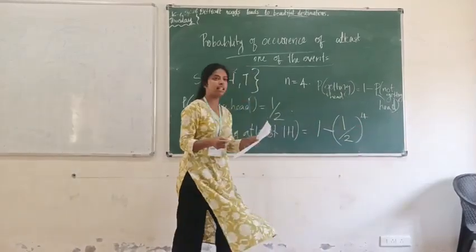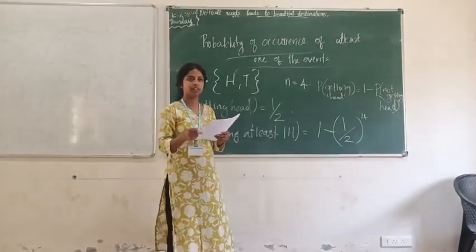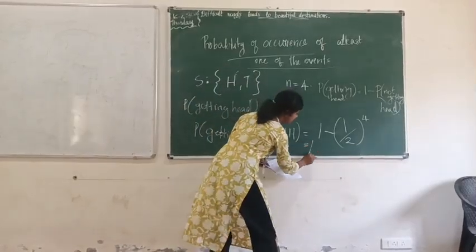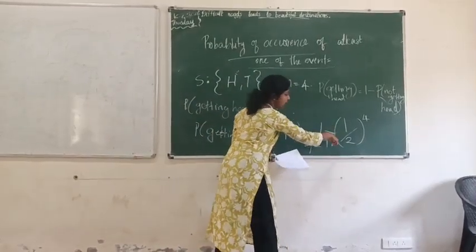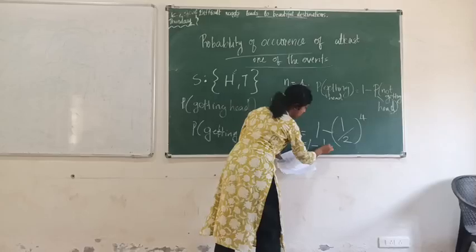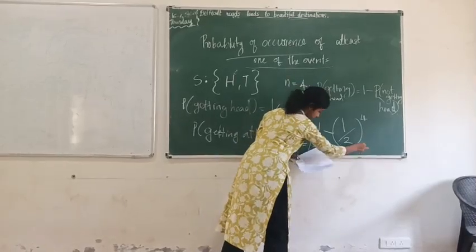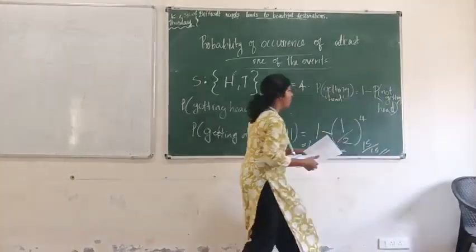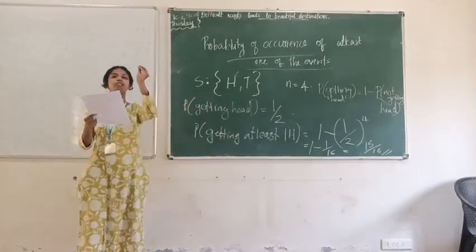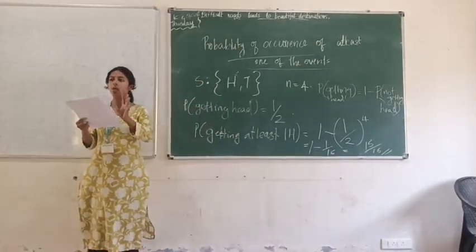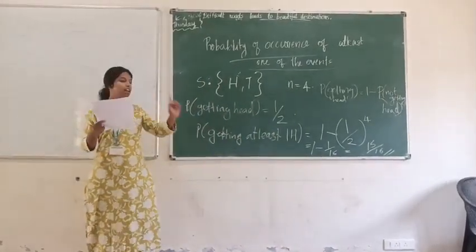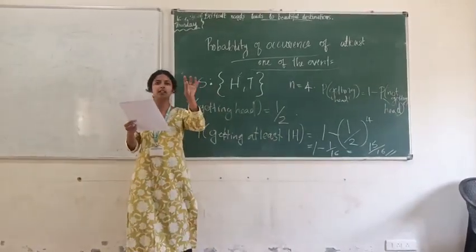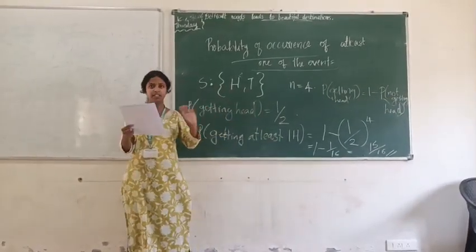So the answer is 1 minus 1 by 16, which is 15 by 16. So the probability of getting at least one head when we toss a coin 4 times is 15 by 16. Just applying those values into the equation. It is very simple.